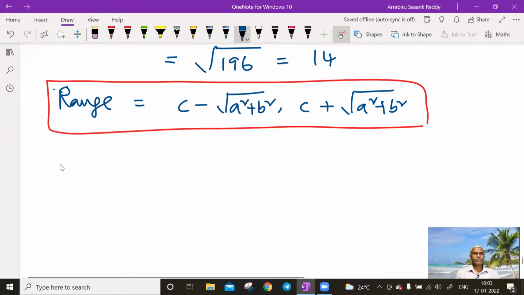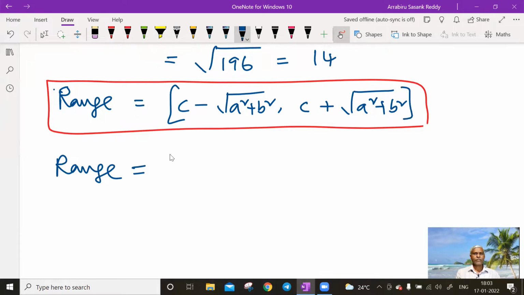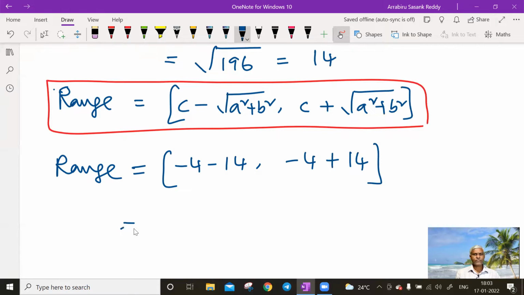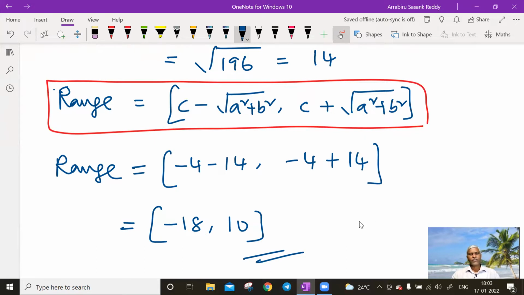Substituting, c value is minus 4 minus 14, minus 4 plus 14. Minus 4 minus 14 is minus 18, and minus 4 plus 14 is 10. So the range is minus 18 to 10.